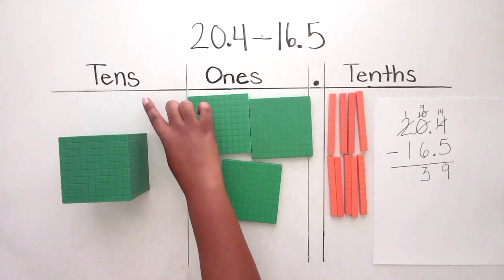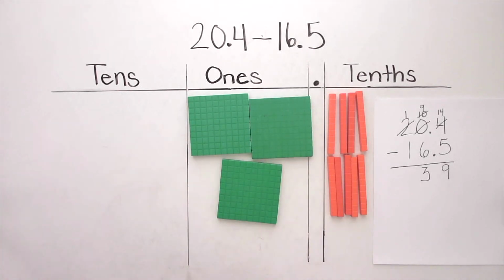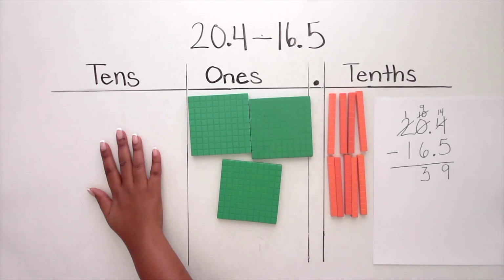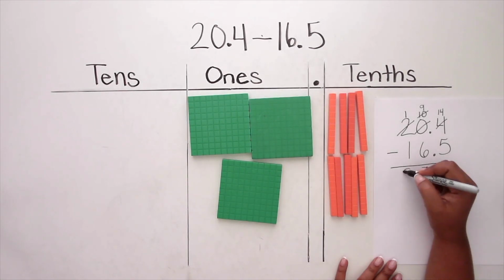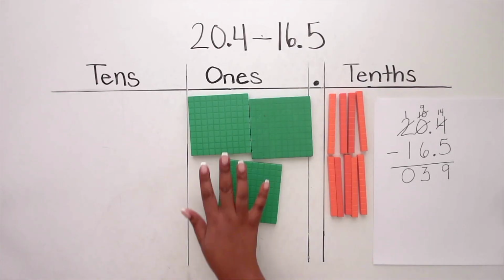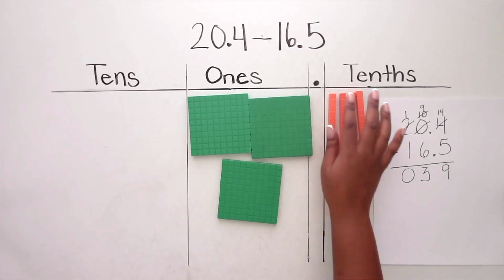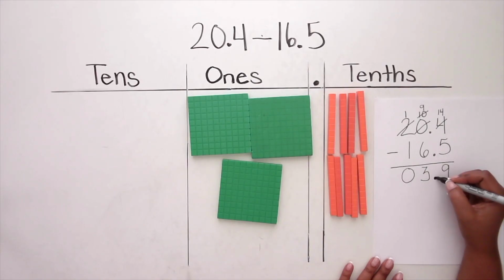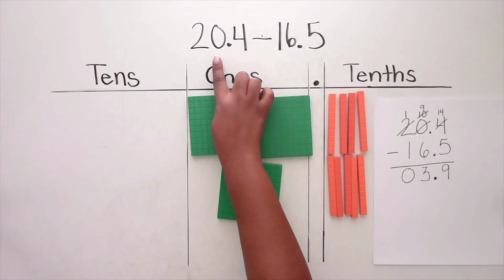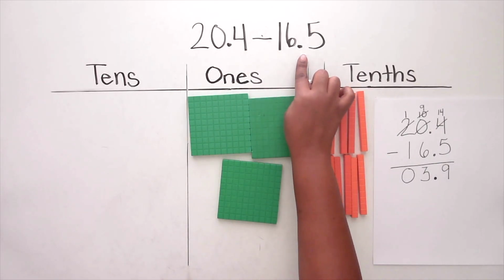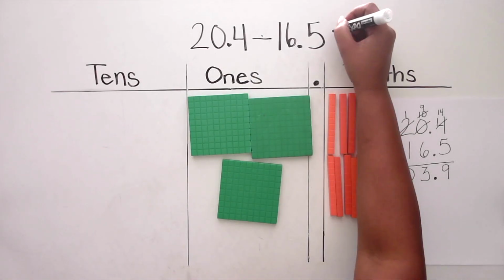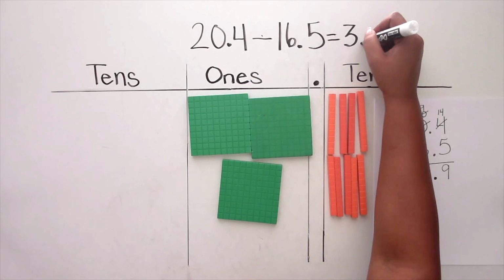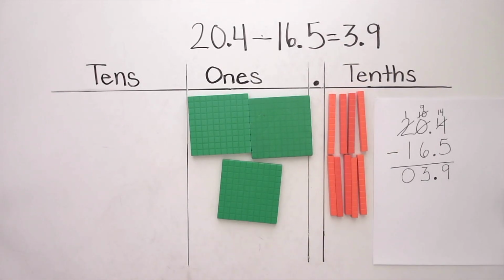In the tens place, I'll subtract 1 ten, leaving 0 tens. Remaining, there are 3 ones and 9 tenths. The result is 3 and 9 tenths. So 20 and 4 tenths minus 16 and 5 tenths equals 3 and 9 tenths.